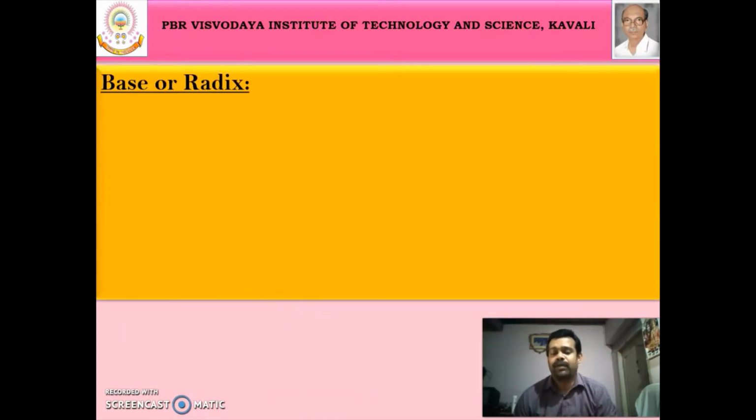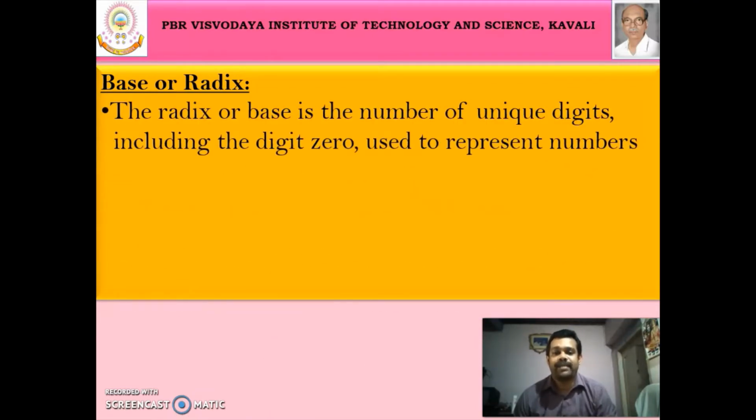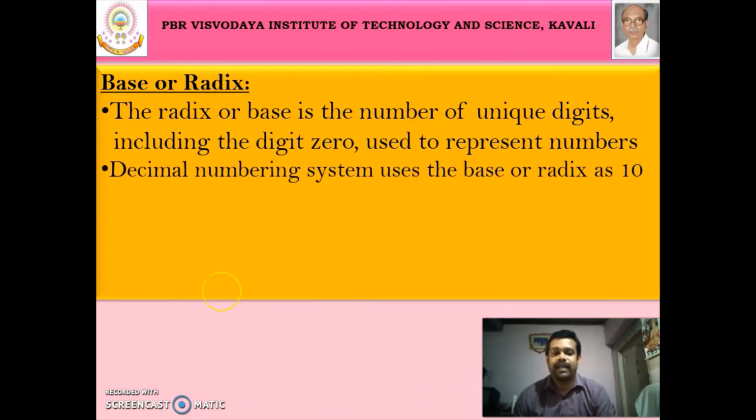Now, first we are going to see what is base or radix. The radix or base is the number of unique digits, including the digit 0, used to represent numbers. So the decimal number system is having a base or radix of 10, and the numbers are from 0 to 9.